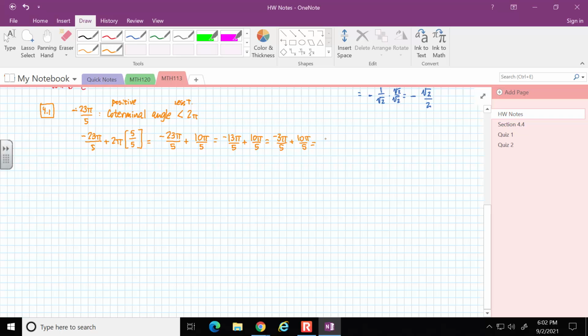And that gets me to 7 pi over 5. And so that one's good. Now I'm positive, so at least I've got that part taken care of. Just make sure that you're still less than 2 pi. Well, we said 2 pi was 10 pi over 5, right? So we are between 0 and 2 pi at this point. So this would be the answer in this case, 7 pi over 5.